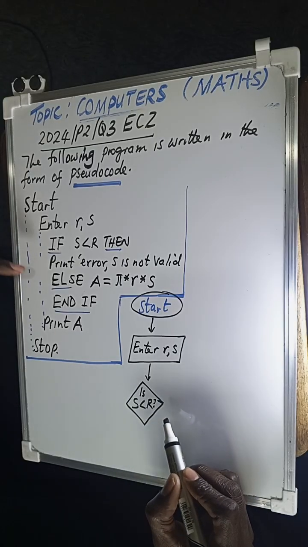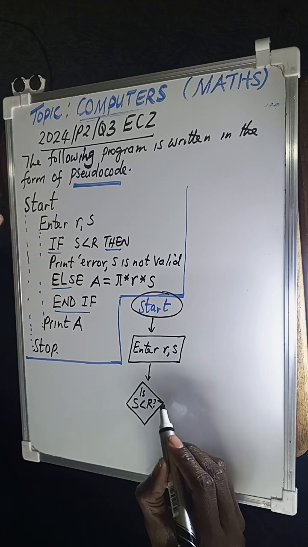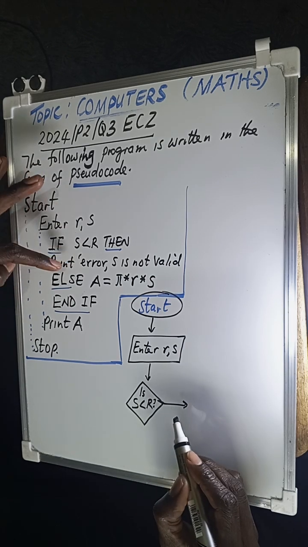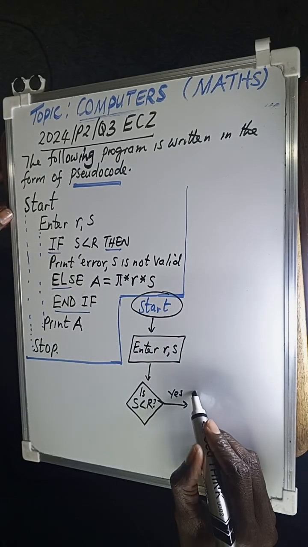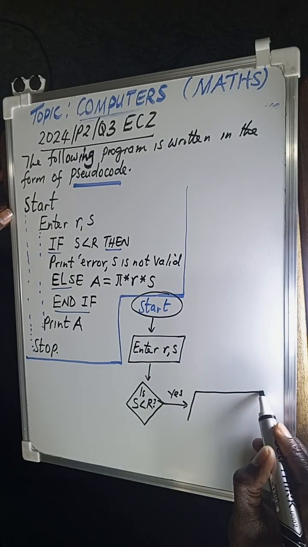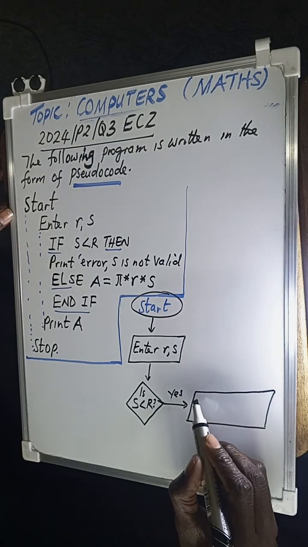So if the answer is yes, then we need to print an error message. So you can actually put it also in a parallelogram there. What is the error message?